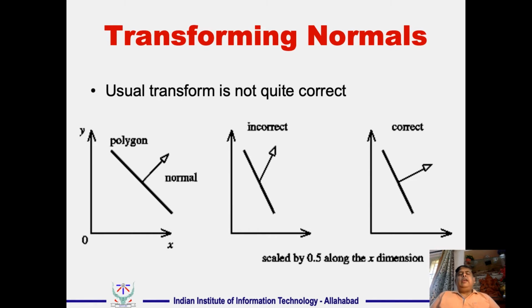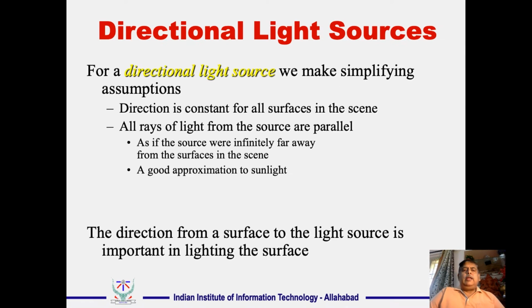And therefore, it is always better to compute the normal on the fly by knowing the equation of the surface, or knowing 3 points on the surface from where you could generate the equation of the surface, and the coefficients of the equation of the surface will always provide us the direction of the normal. So, direction of light source.